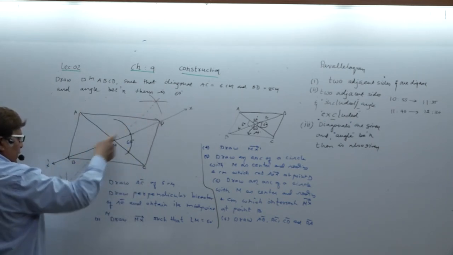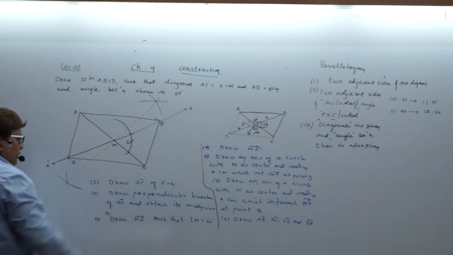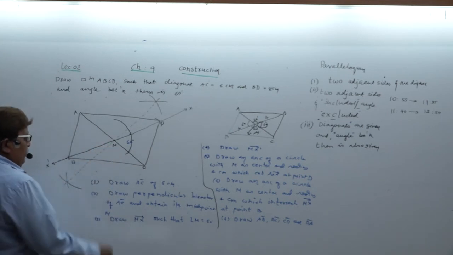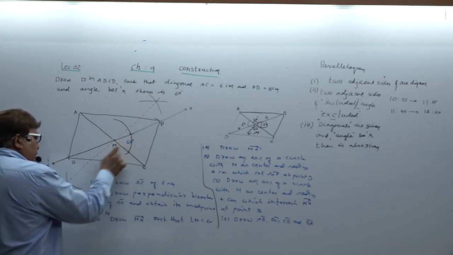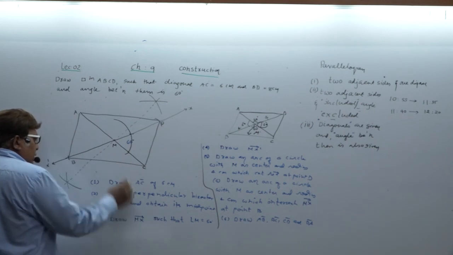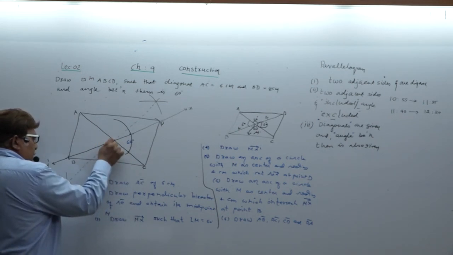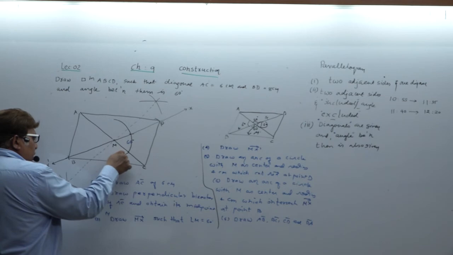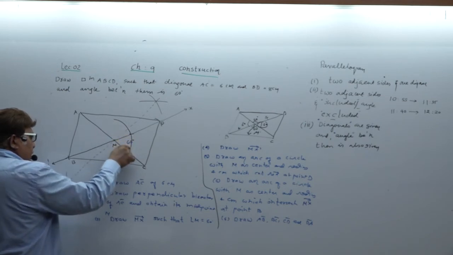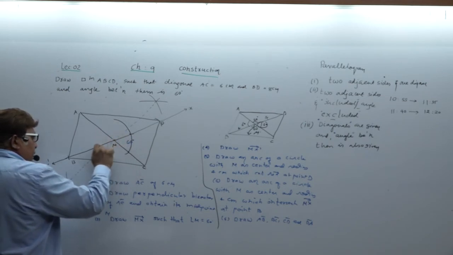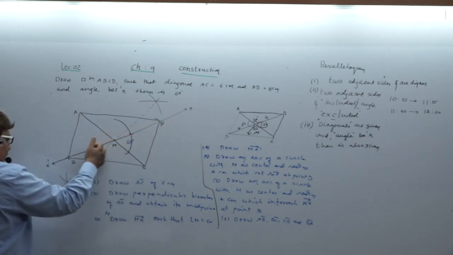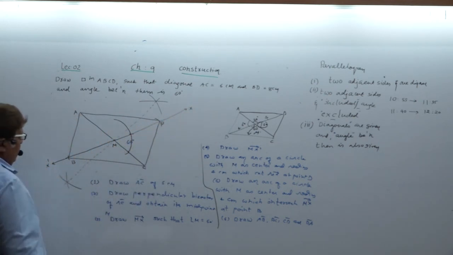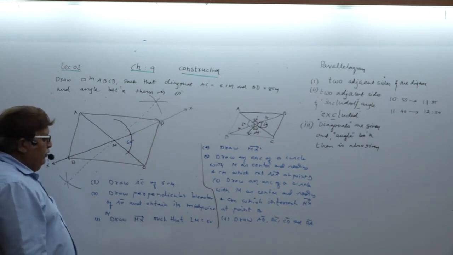The dotted line will intersect AC at this point, so we got M. Now between the two diagonals there is an angle of 60 degrees which you have to construct. For that purpose, with center M, taking some appropriate radius, draw an arc, draw ray MX and then extend it back, MX dash, as the opposite ray.